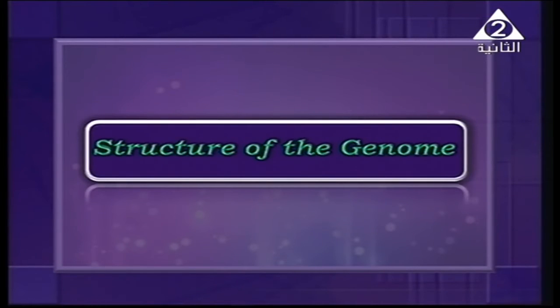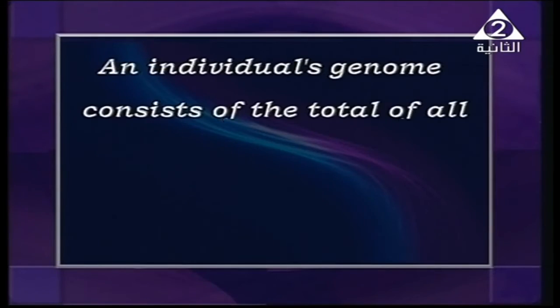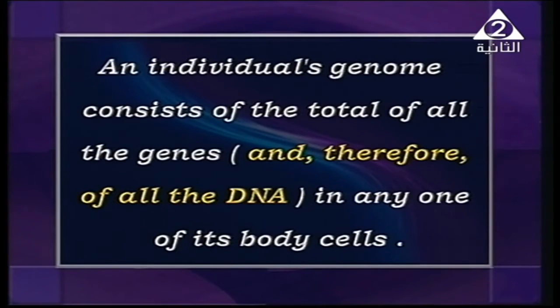What about the structure of the genome? We have some information about the human genome and how it affects everything in human life. An individual's genome consists of the total of all genes and DNA in any one of its body cells.